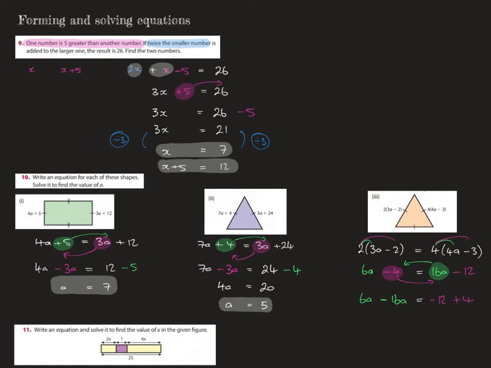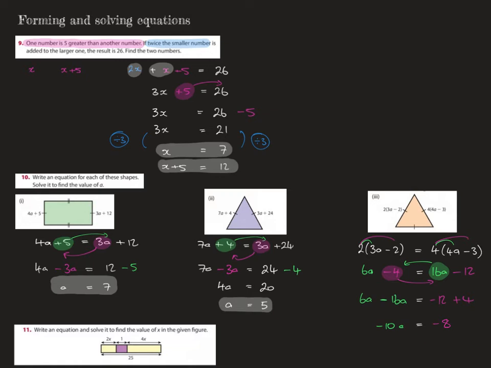And if we were to simplify that, if we had €6 in the bank and we borrowed 16, we'd owe the bank 10, wouldn't we? So when we're working with negative numbers, people tend to find it easier when you think of it in terms of money. So if we owe the bank €12 and we lodge €4, now we only owe them 8. Okay.